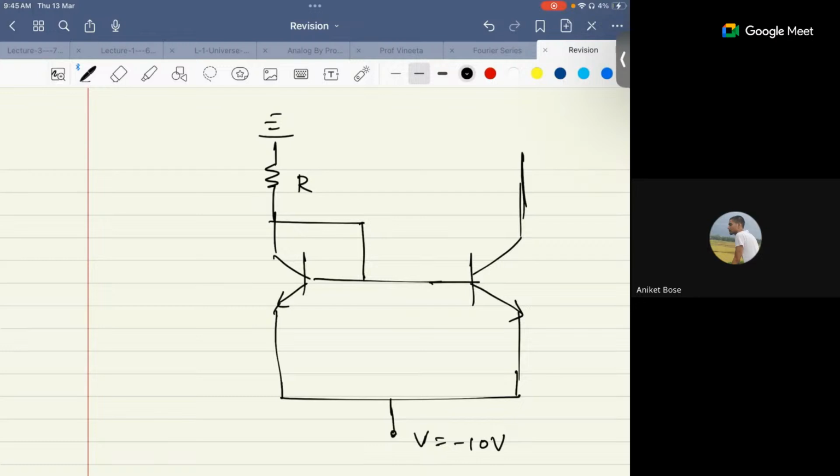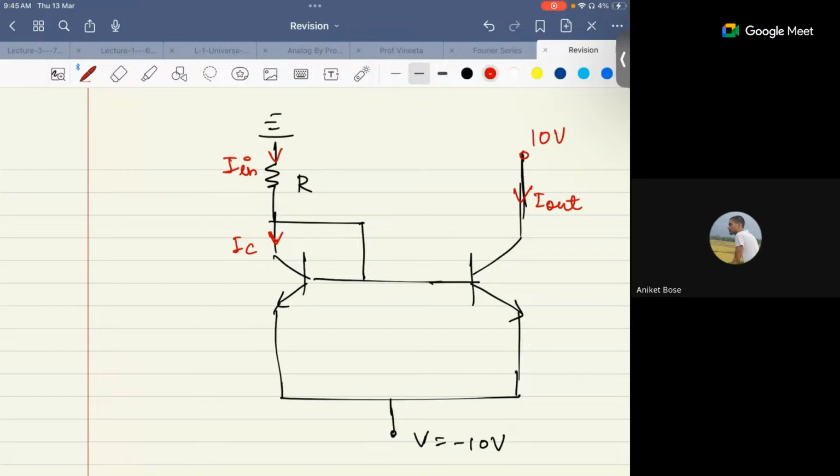One more thing, this is I input, some current I. This current is I out. Let's say it is connected to some load.